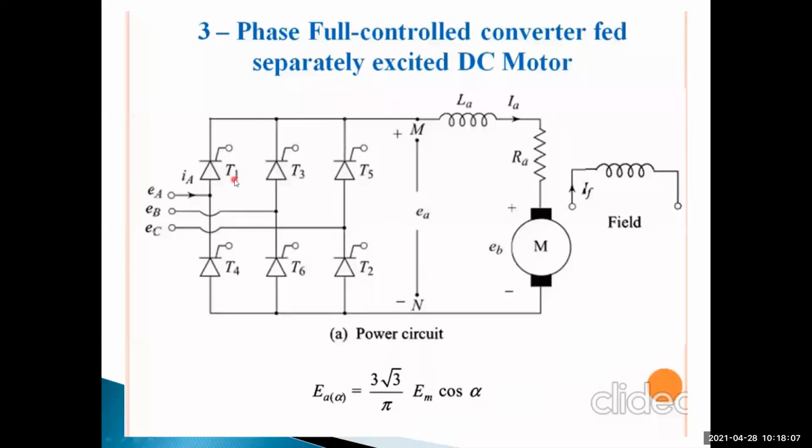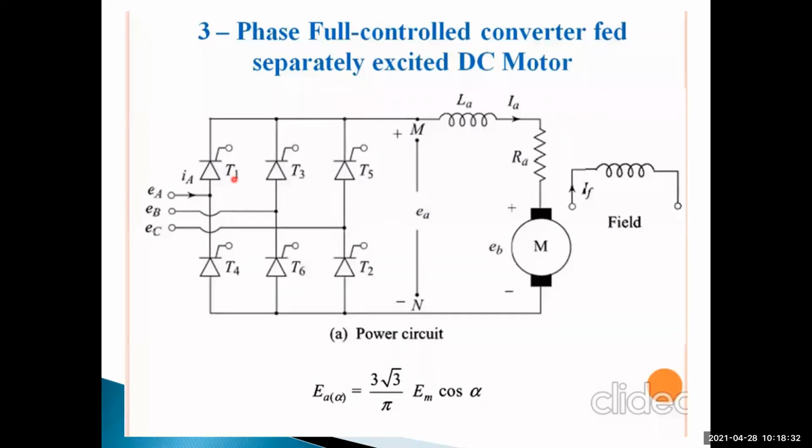If you give the triggering pulse to T1 below 30 degrees, there may be a short circuit, or another thyristor is turned on, and there may be a disturbance in the triggering sequence. That's why below 30 degrees it is not possible to give the triggering pulse; above 30 degrees it is possible.